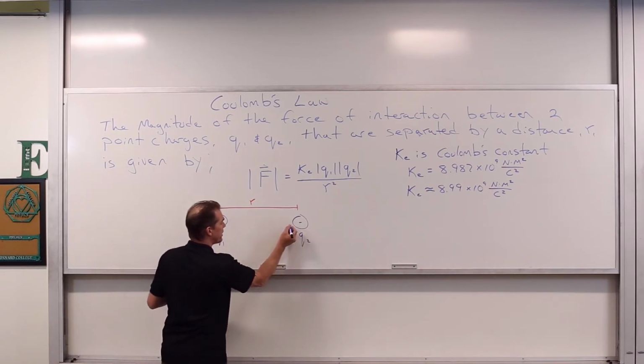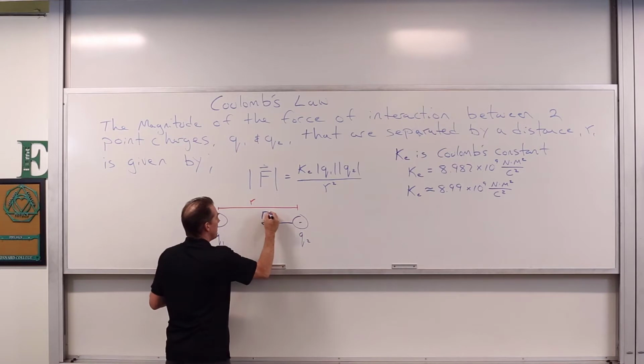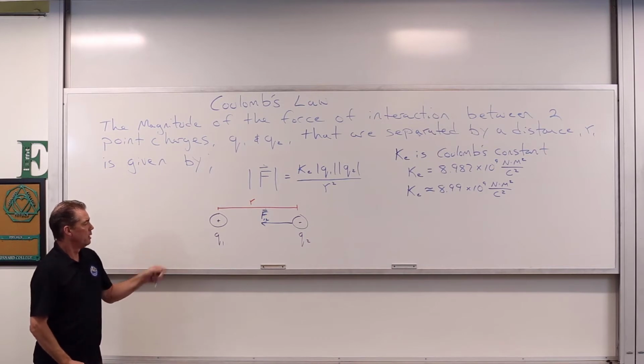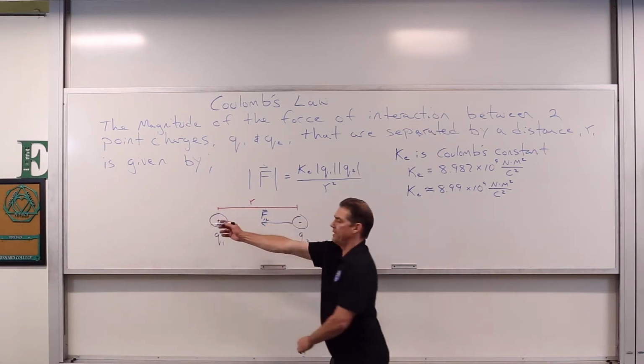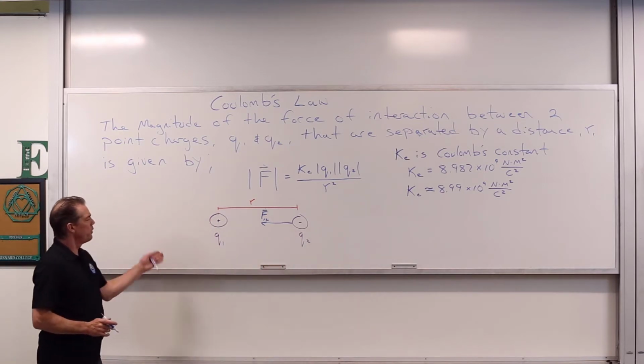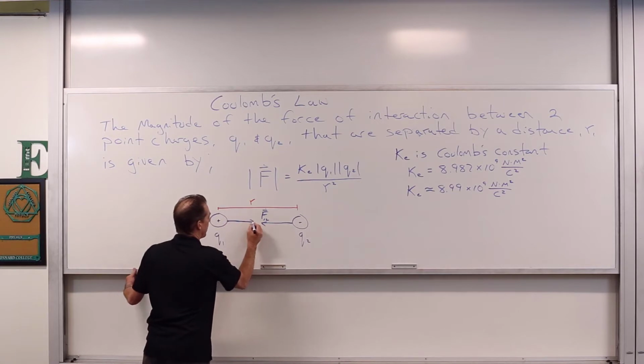So the force that Q1 exerts on Q2 is like this. And I could call that F12 hat, the force that Q1 exerts on Q2. So notice that is that way. Whereas if I said, no, you know what, I actually want the force that Q2 exerts on Q1, well, I draw that force in and say, oh, that is that way.